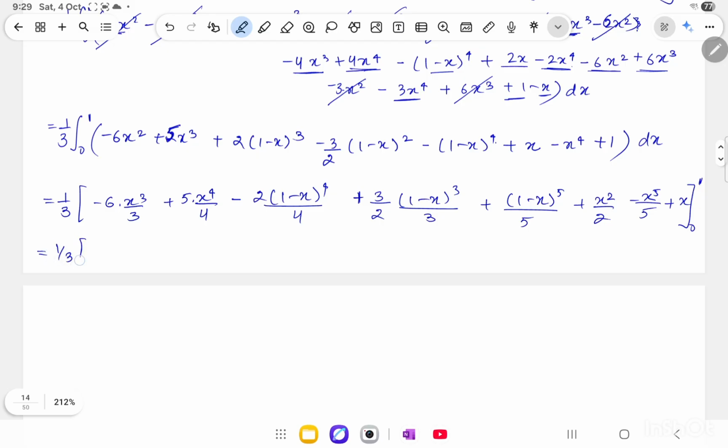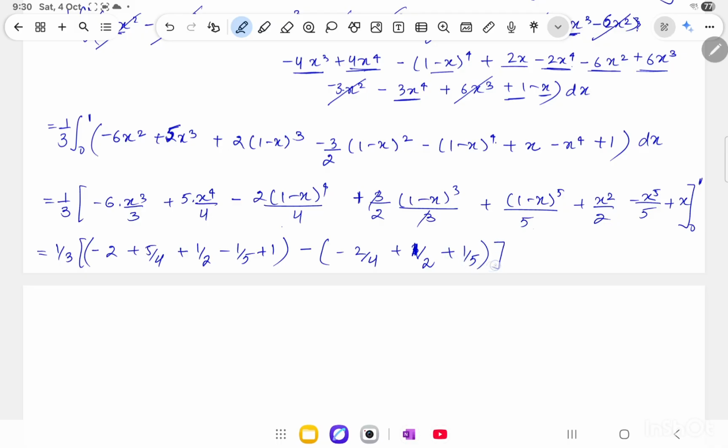It will be 1 by 3 minus 2 plus 5 by 4. This term and this term contribute to 0, plus 1 by 2 minus 1 by 5 plus 1 minus this is 0. It will be minus 2 by 4 plus 3 by 2, this 3 balances this, so it will be plus 1 by 2 plus 1 by 5. Yeah, that's all.